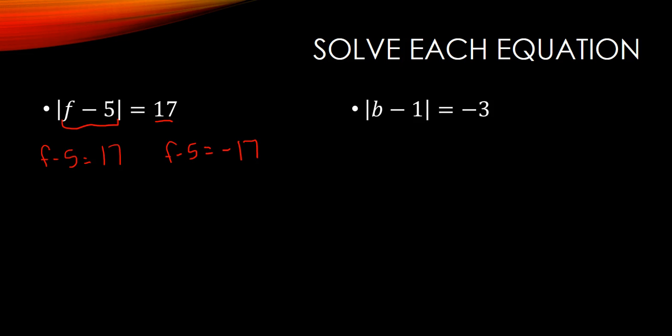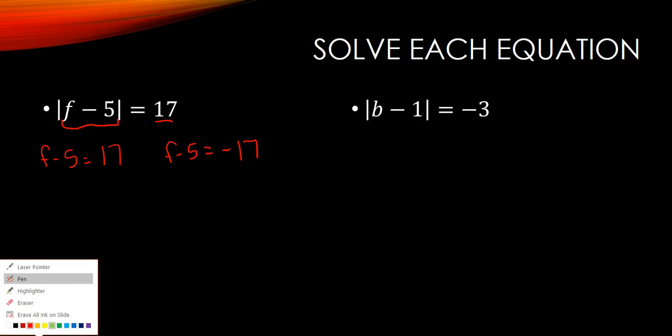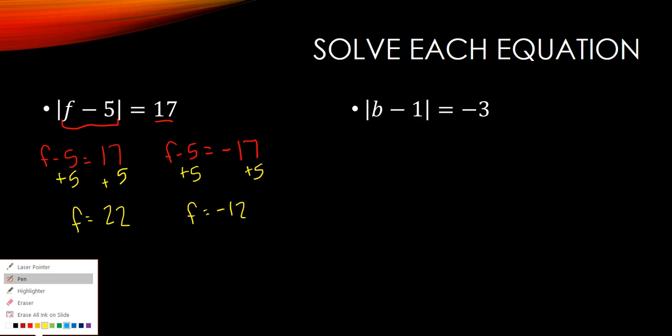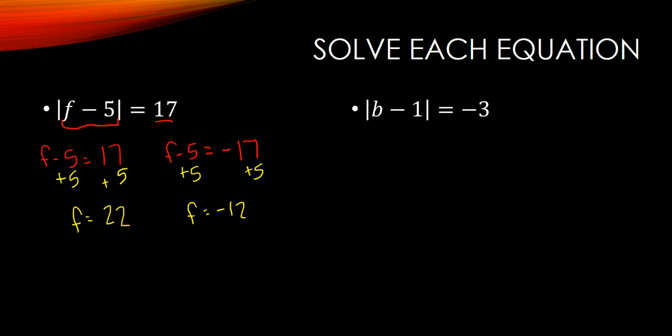So once we get that part, the solving of equations isn't too bad. We can add the 5 on both sides of our equation and get f equals 22. We can also do that on the second equation. Add the 5, and we get f equals negative 12. Now you can check your answers just like in solving regular equations. So let's try that.